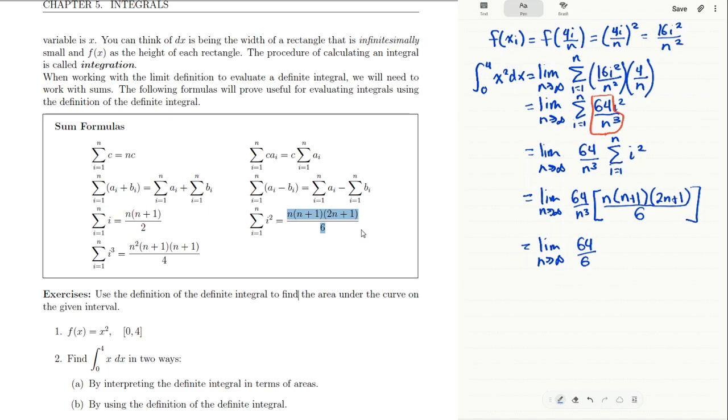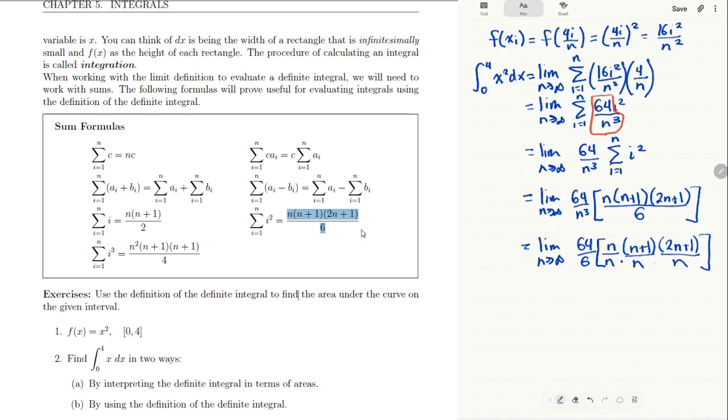So we're going to write this as n times n times n, and we're going to write each factor of n divided by all of the different terms in the square brackets. So we have n over n times n plus 1 over n times 2n plus 1 divided by n.